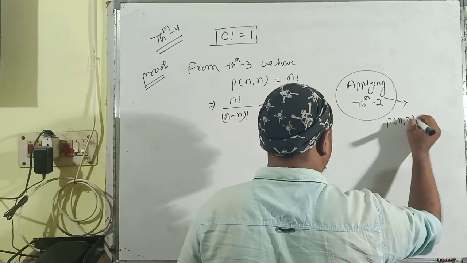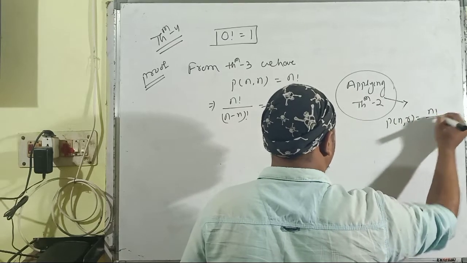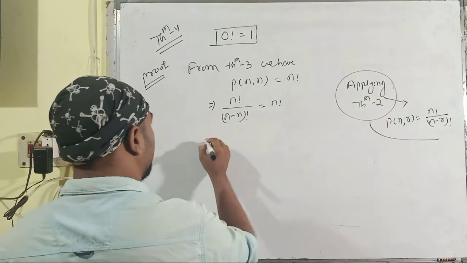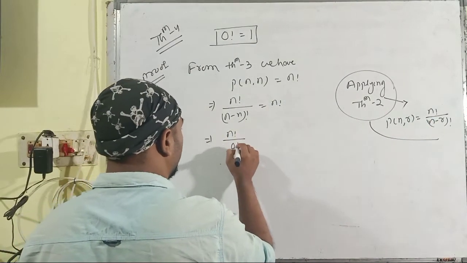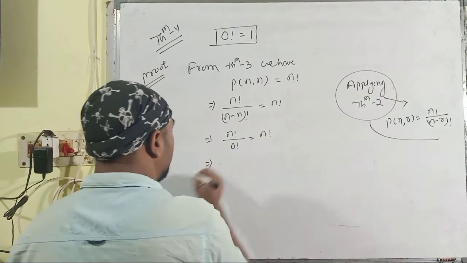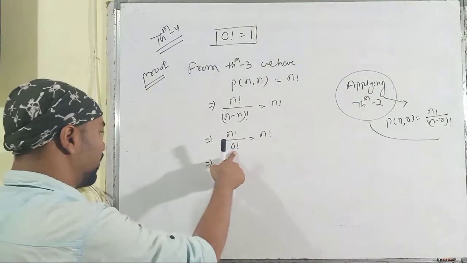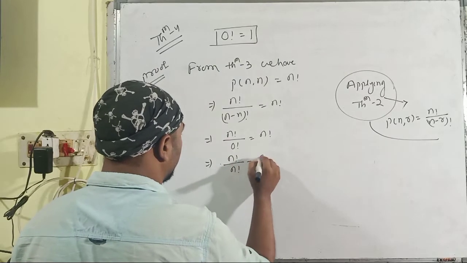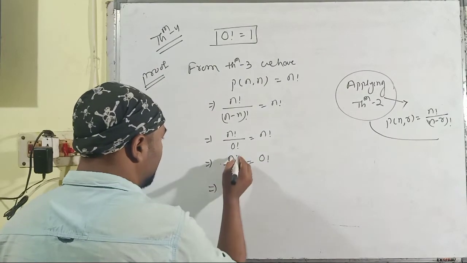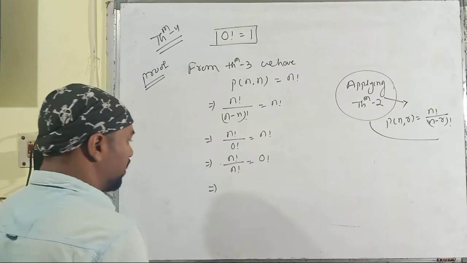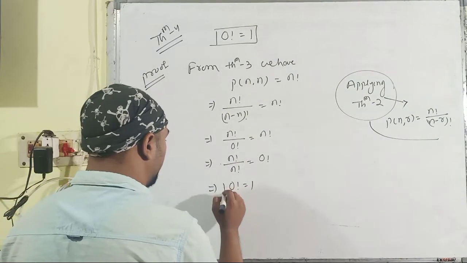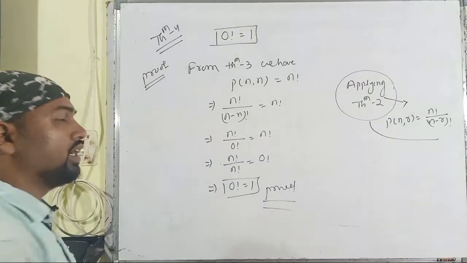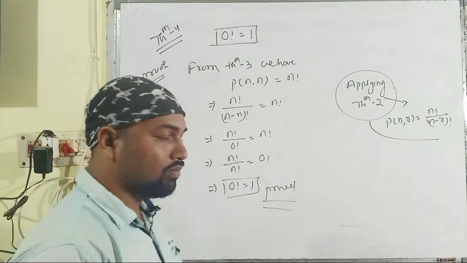Permutation of n different things taken r at a time is equal to n factorial divided by factorial of n minus r. So by applying this theorem here, n factorial divided by 0 factorial is equal to n factorial. Just changing the side of 0 factorial, here we have n factorial divided by n factorial is equal to 0 factorial. Just cancelling the numerator and denominator, we have 0 factorial is equal to 1, and this is the proof of theorem number 4, and it is very important from the exam point of view.